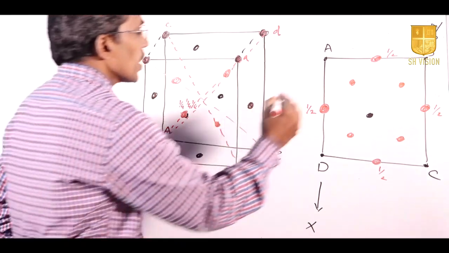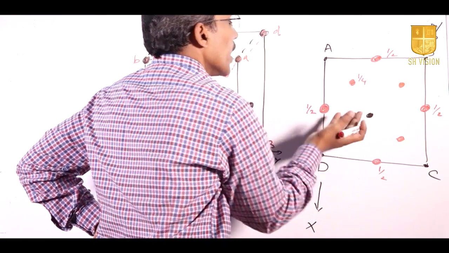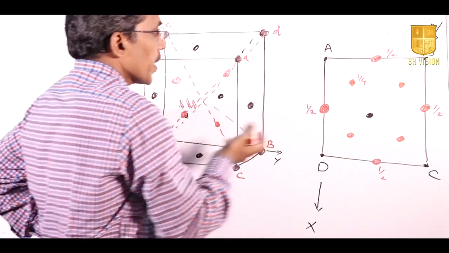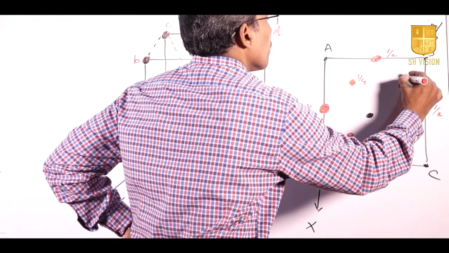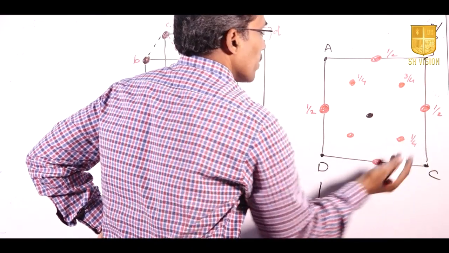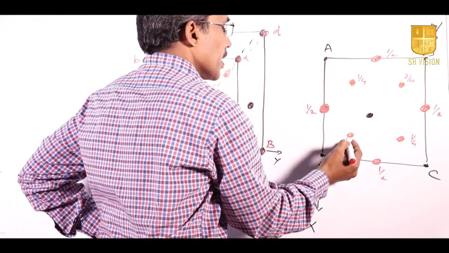So this one is 1/4 above the ABCD plane, this is 3/4 above the ABCD plane, this is again 1/4 above, and this is again 3/4.